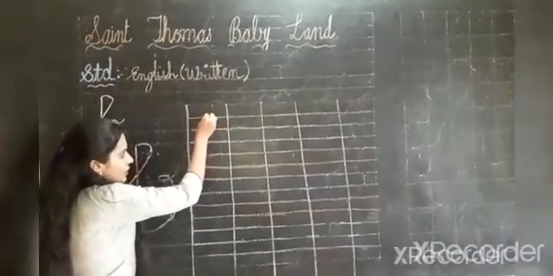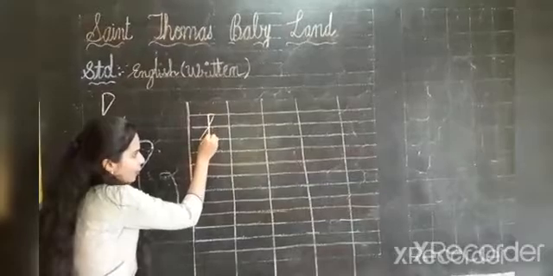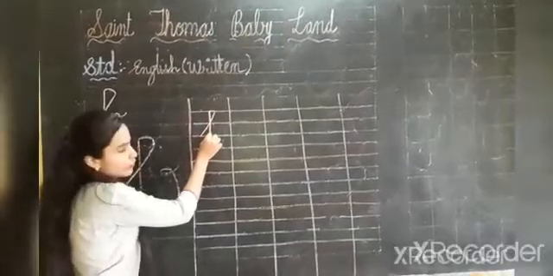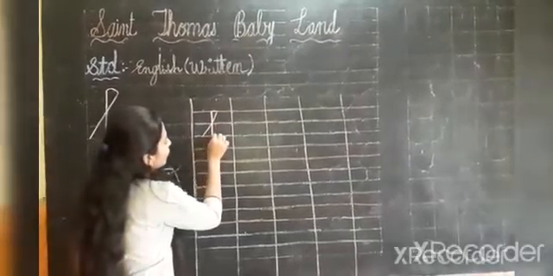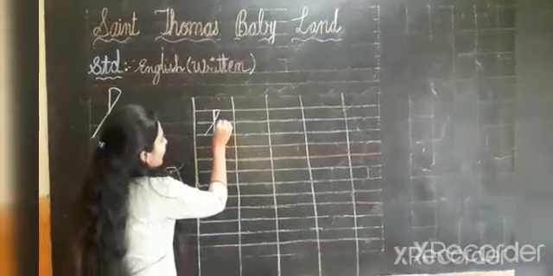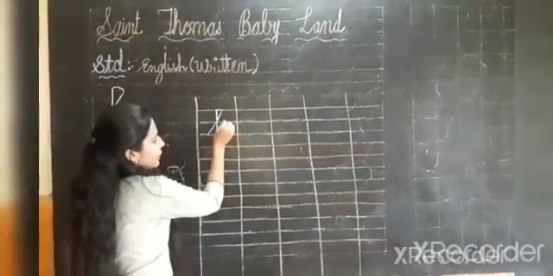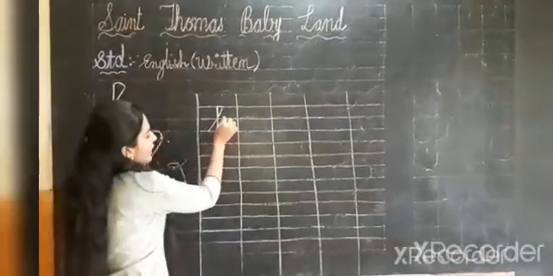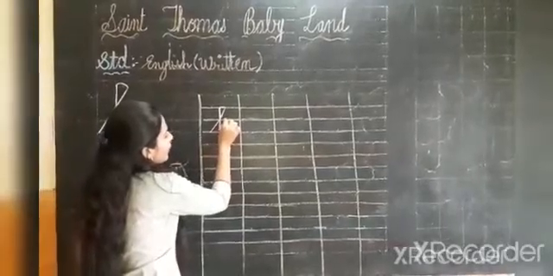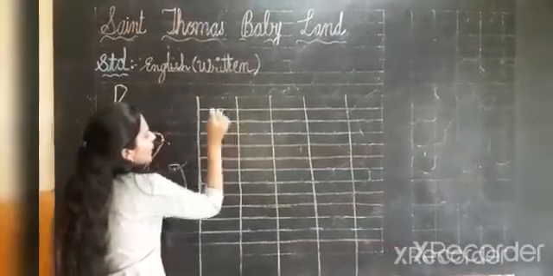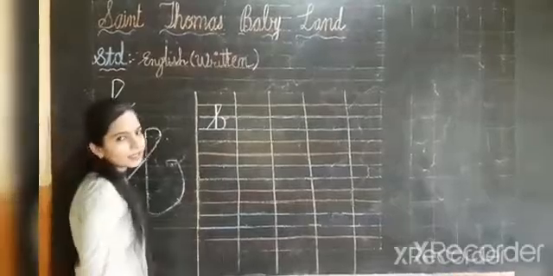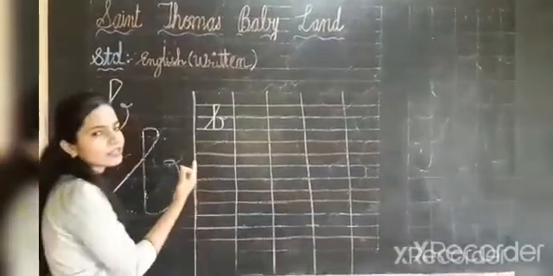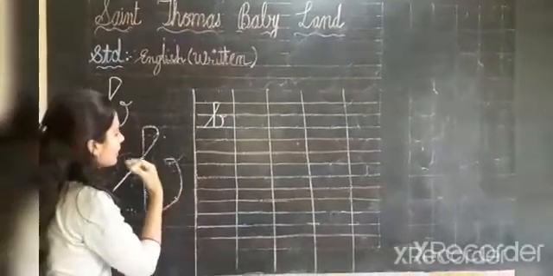Then do a straight line up to this blue line. Understood? From here you have to do a D curve. Okay. And touch here, this line up to this blue line. And then from here you have to again do a small curve. This is our B. Cursive small b.